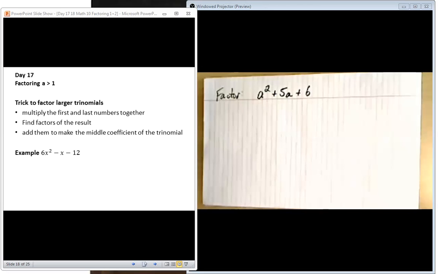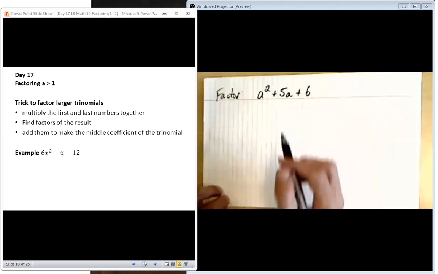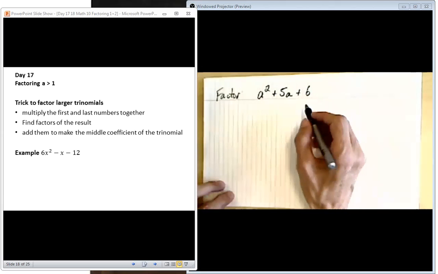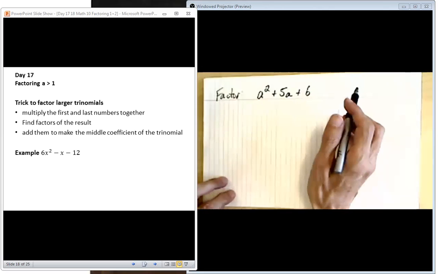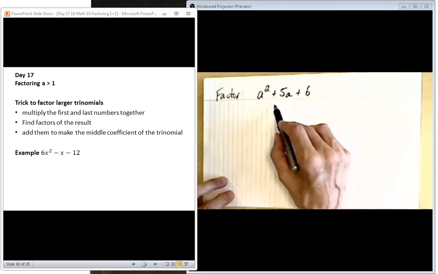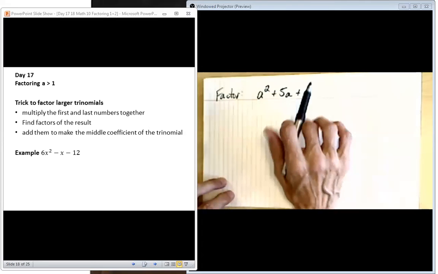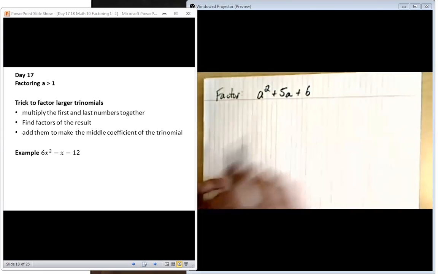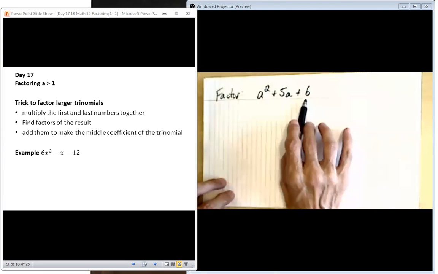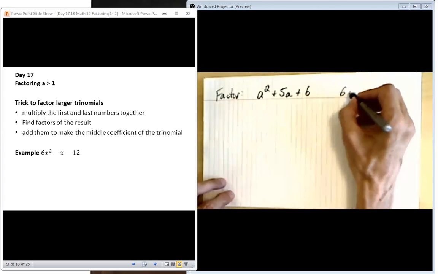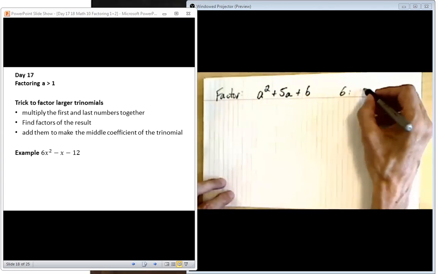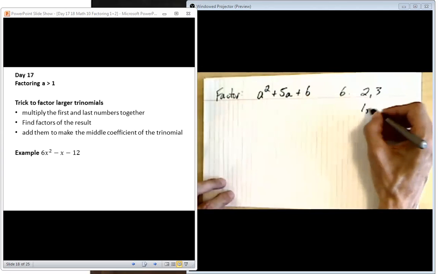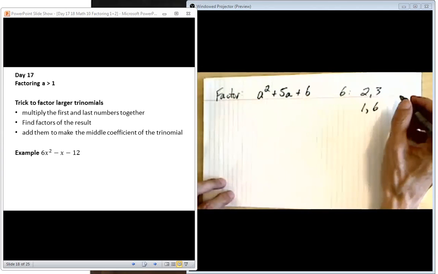How did we do this one the other day? Ah, good guess, to do these two and then that one. It doesn't work like that. This way, maybe I'll remind you, this was a different way from the grouping. We took a look at the 6, remember? And the 6 can be found with 2 times 3 or 1 times 6 or even the minus.